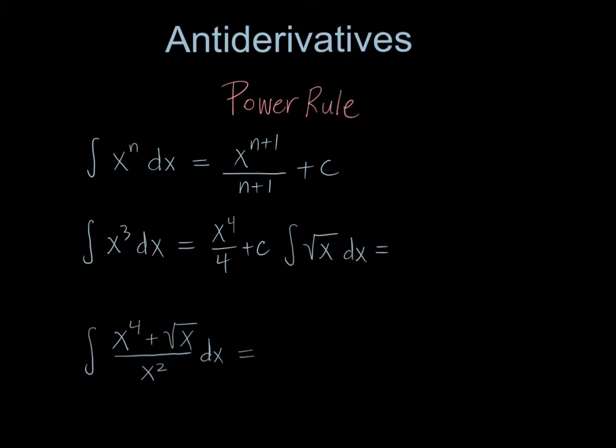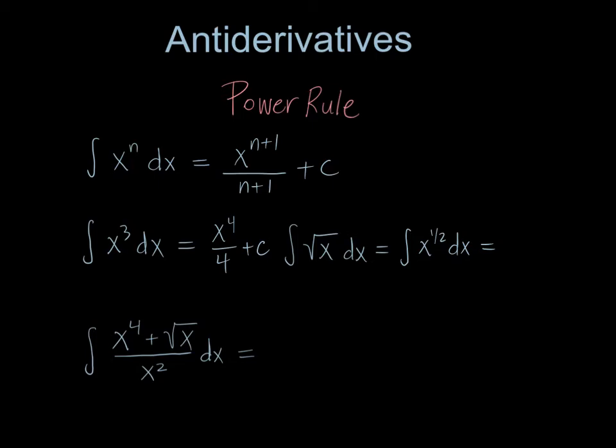The integral of the square root of x is the same as the integral of x to the 1/2. So now that it looks like a fraction, 1/2, it's simpler to apply the power rule. It doesn't matter if this is a whole number or a fraction like a half, we're still going to apply the power rule.